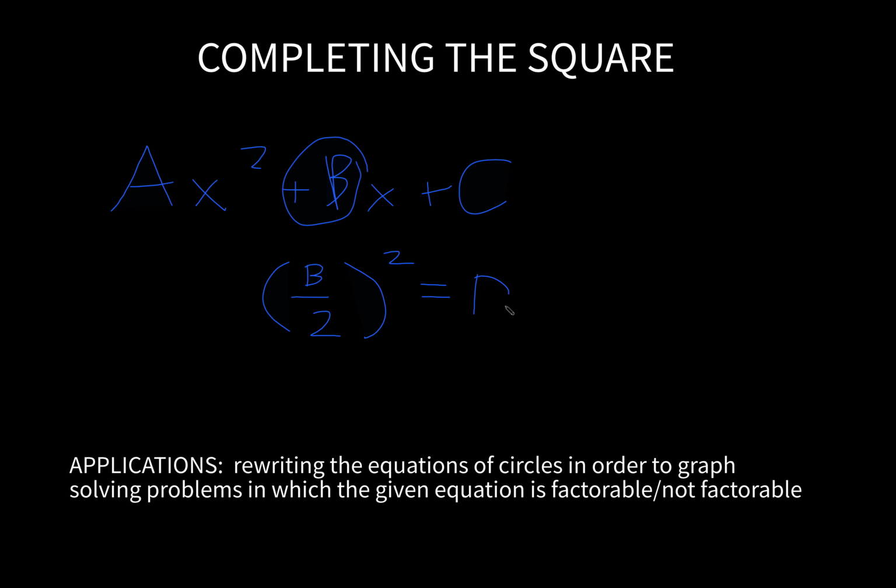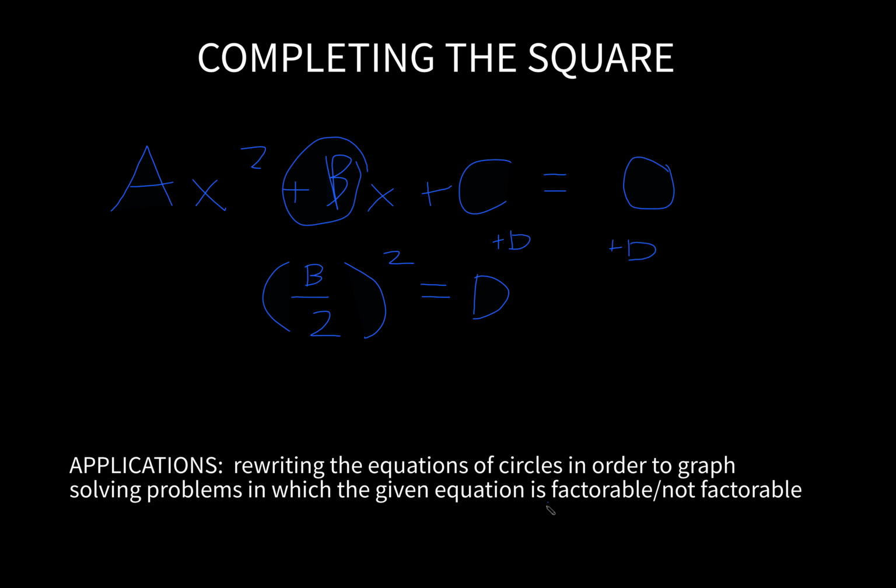We'll just call it d. And then, say this is equal to 0, you'll add d to both sides, and by doing so, you will have an equation that is factorable.